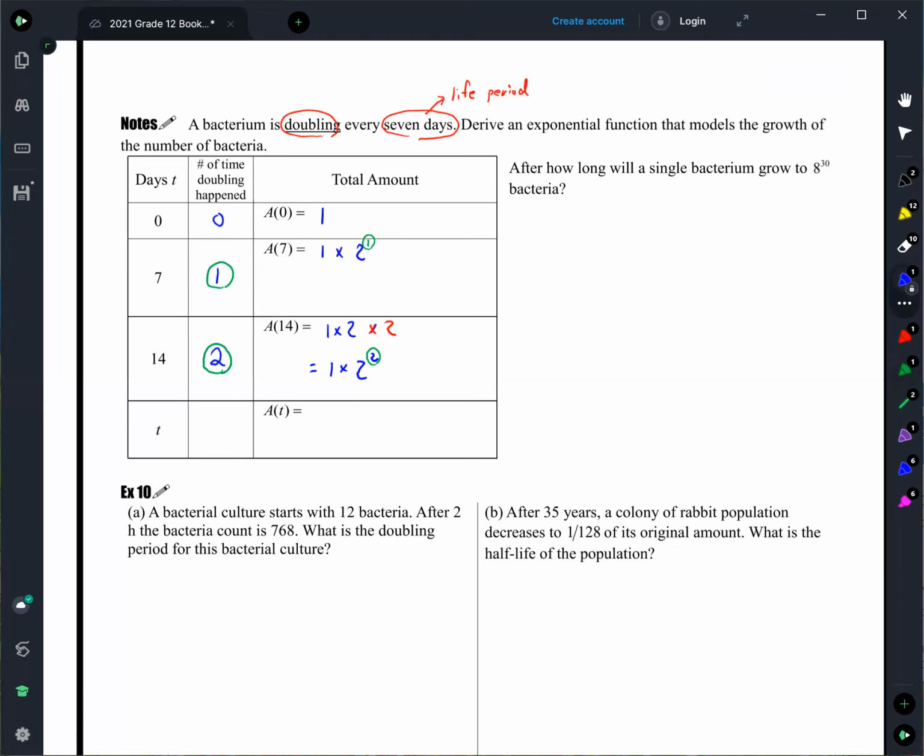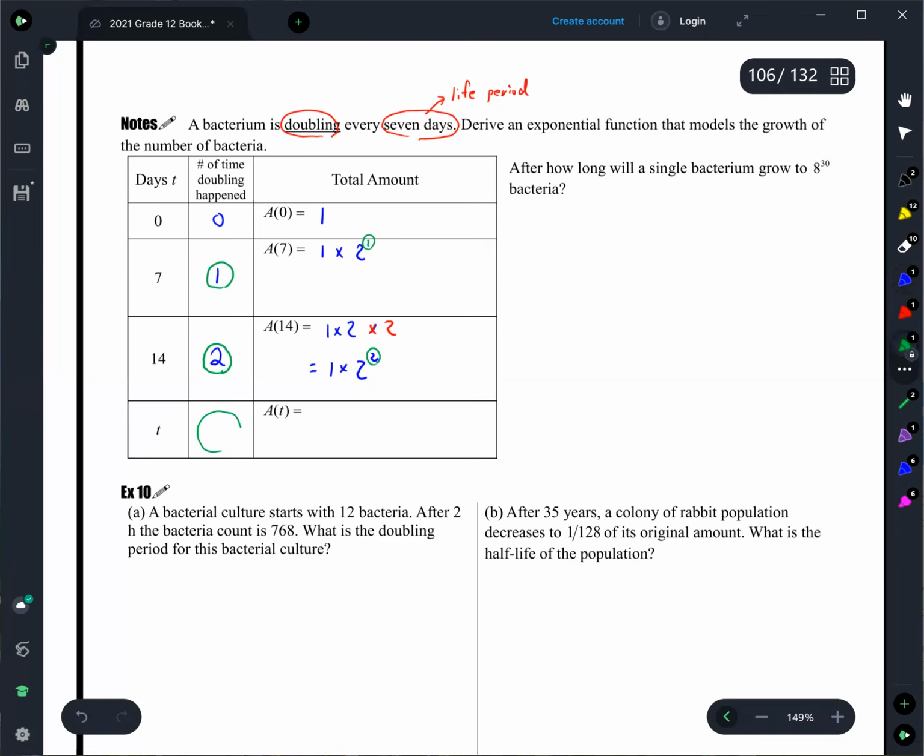So after t days, how many times does it happen? 14 days will be 2 times. 21 days will be 3 times. What about t days? What should go into this blank?